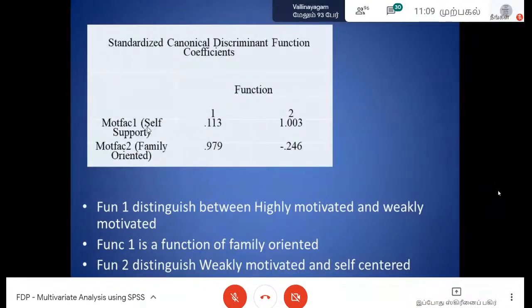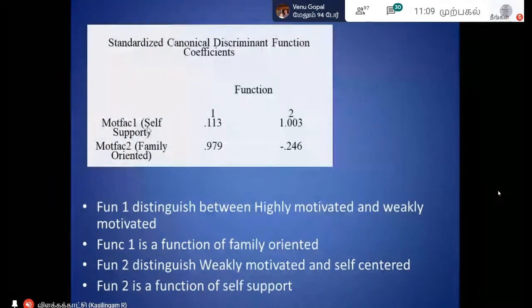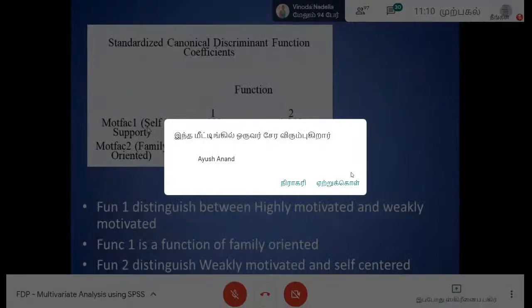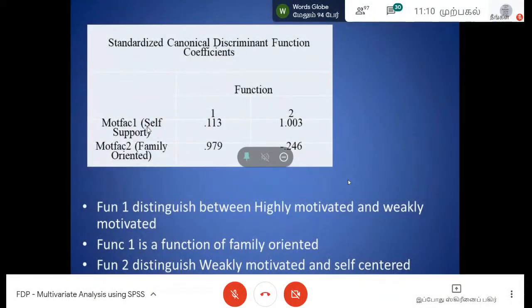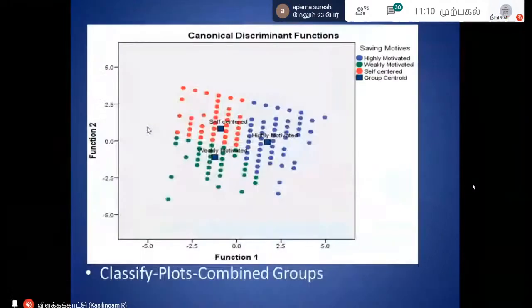The higher the level of self-support, the higher the function 2 score. If they have a higher function 2 score, then they will be self-centered.